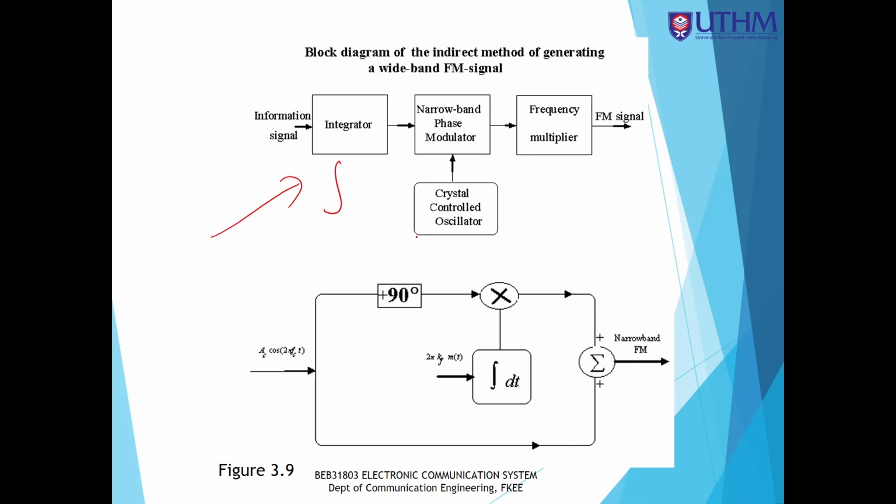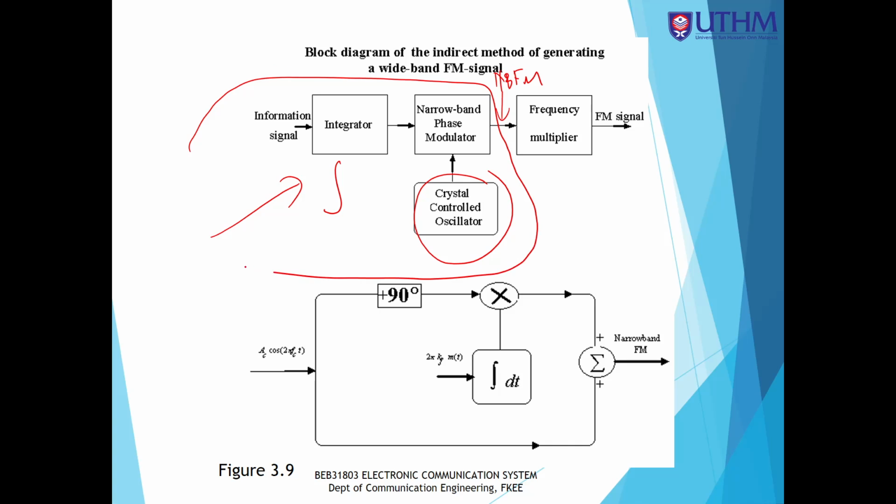Okay, modulate with the carrier, and then di sini terhasillah narrowband FM, NB FM. Okay, so gambar rajah ini adalah gambar rajah yang di bawah ini. So di sini yang terhasil adalah NB FM.